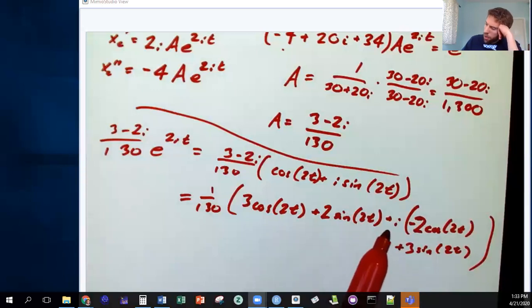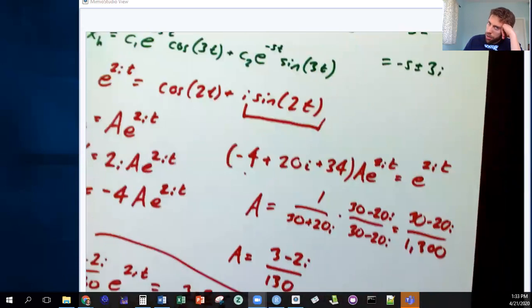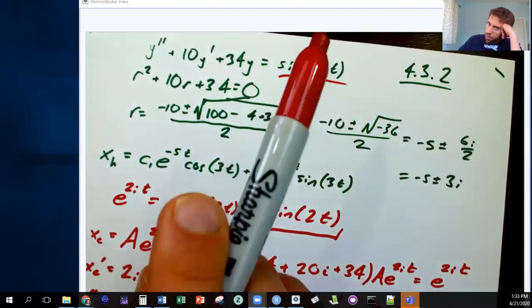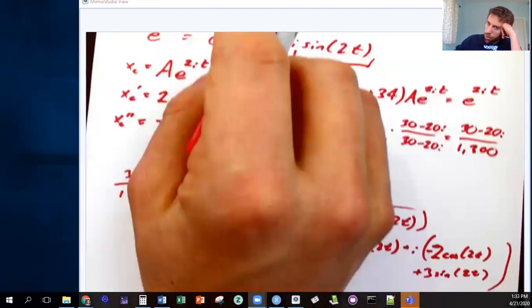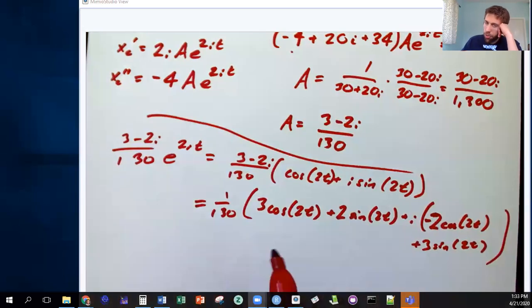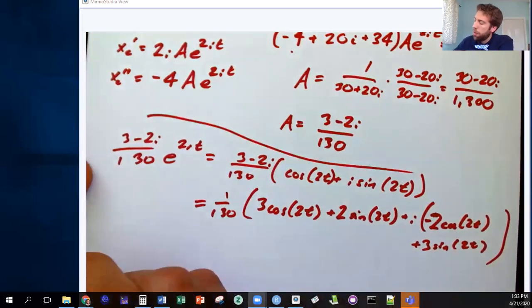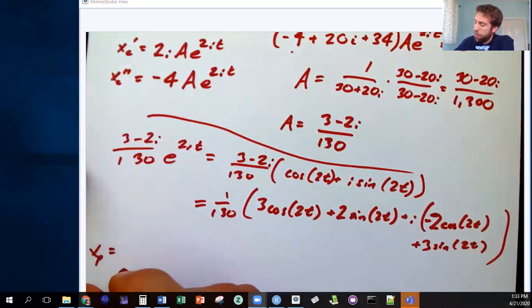Now up here, this is the imaginary part, so I'm looking for the imaginary part to this one. So xp equals the imaginary part.